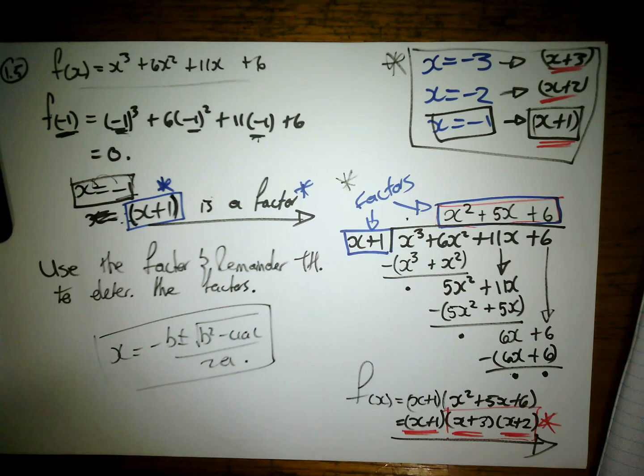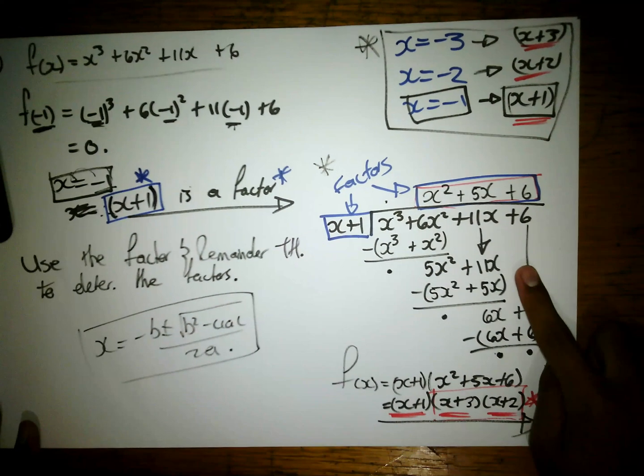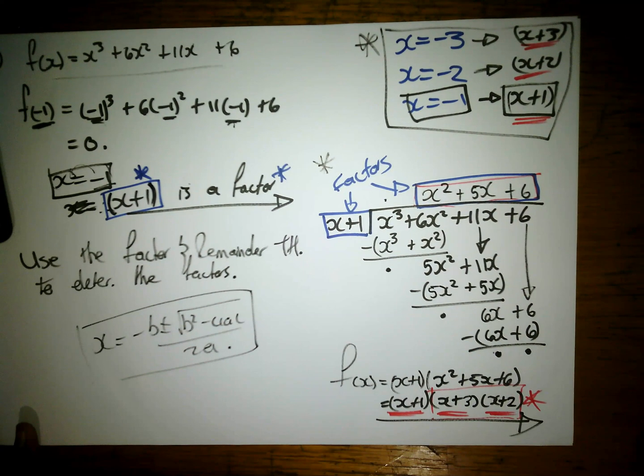So what I was elaborating on: they're going to say use the factor theorem, and then they will probably give you x plus 1, or you will have to find what makes the sum equal 0. But after that, I'm not comfortable using the long division method, so I use synthetic division, and it's much shorter than long division.